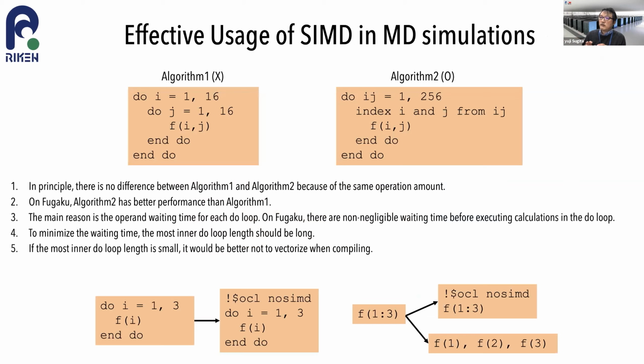What we found was that SIMD usage is quite important for the new supercomputers. We examined all the expensive do loop calculations in the original algorithm in GENESIS, and tried to elongate the loop length as much as possible.